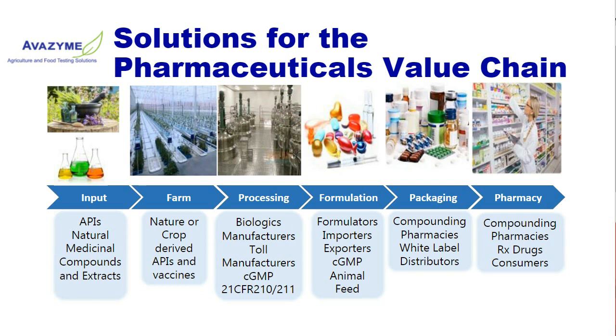The same is true for customers of ours who make biological pharmaceutical drugs by a fermentation process. And here too, they have to be concerned that some of the ingredients that are being used to facilitate the fermentation process are not contaminated with heavy metals.